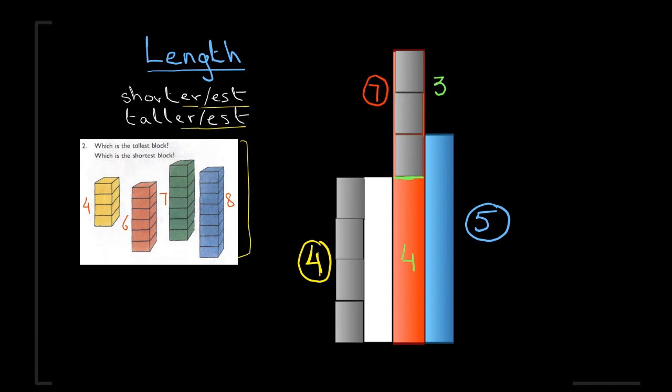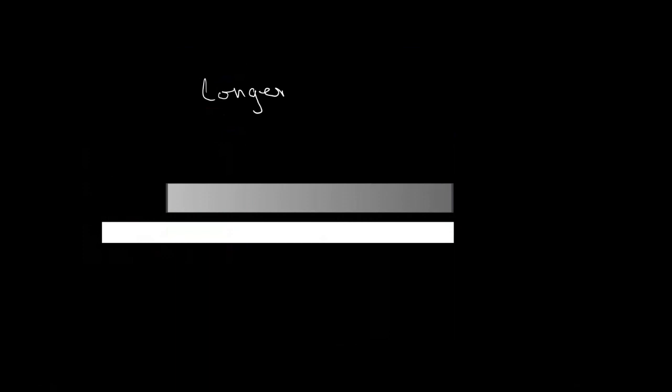And now, after getting the shortest and tallest and shorter and taller idea, also relating it to counting, now what you can do is talk about longer and shorter. So now we can have longer and shorter, and similarly, you can have longest and shortest.